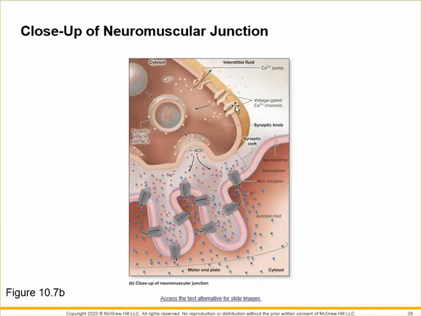Calcium floods into the synaptic knob via facilitated diffusion. The calcium binds with the vesicle of acetylcholine that makes the acetylcholine vesicle come to the surface and release its acetylcholine into the cleft.